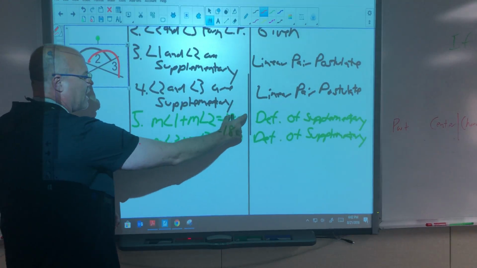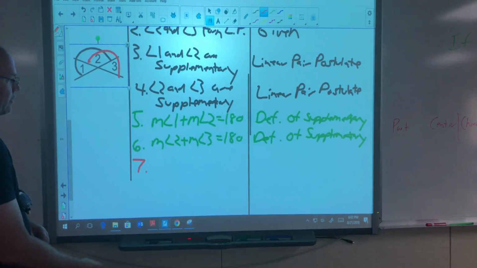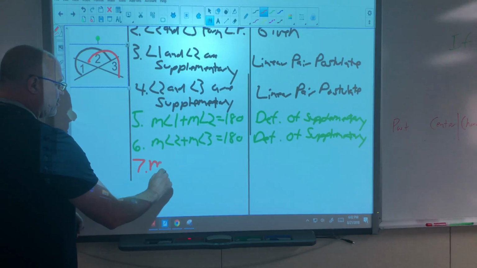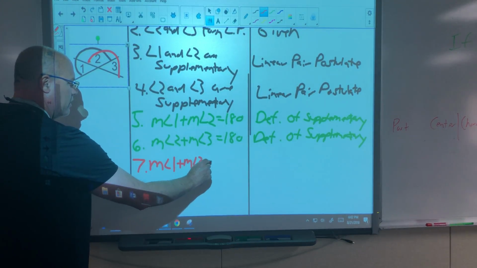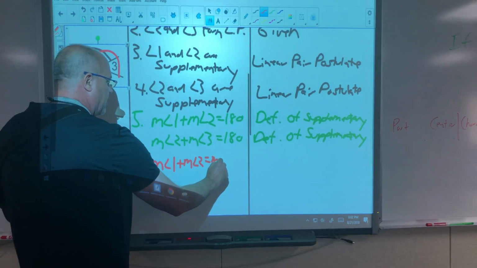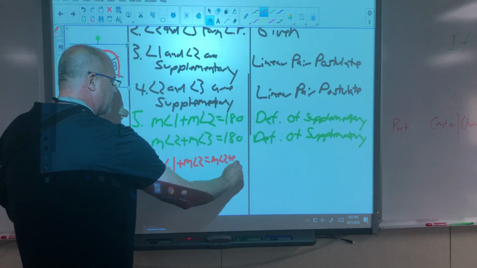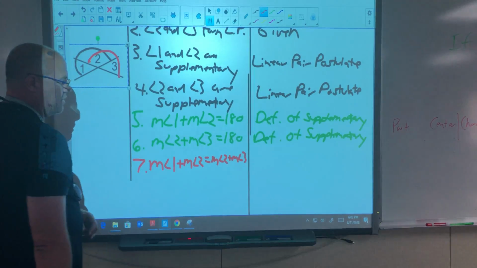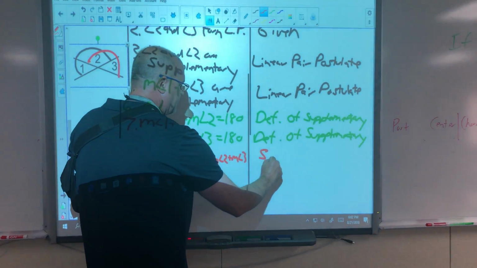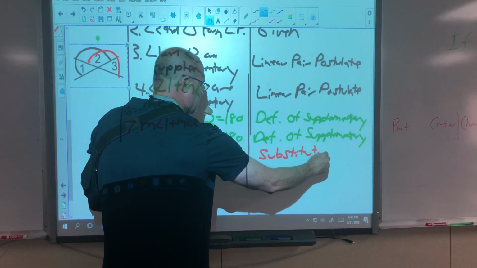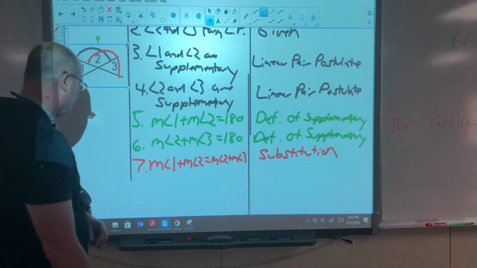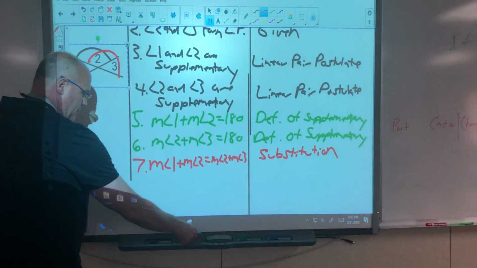So we're going to substitute that for 180 and rewrite the equation. The measure of angle 1 plus the measure of angle 2 equals the measure of angle 2 plus the measure of angle 3. Substitution property.